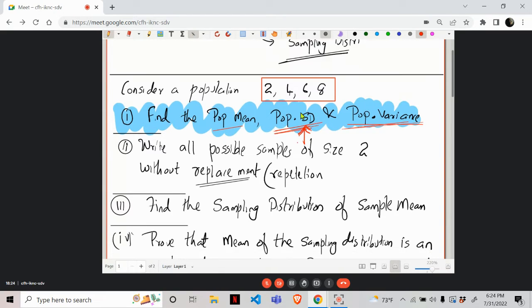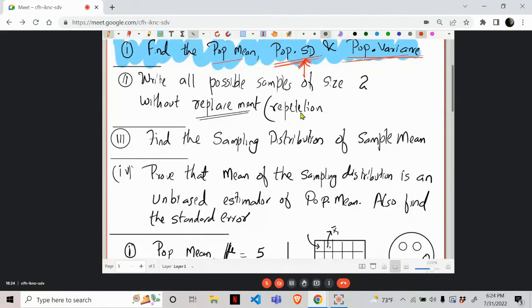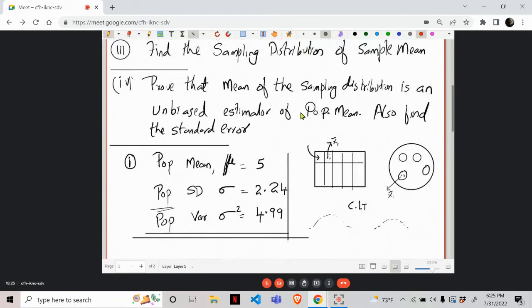Now, we are writing all possible samples of size 2 without replacement. Now, what is the third question? Subhash, what's the third thing that we have to find? Distribution of sample mean.